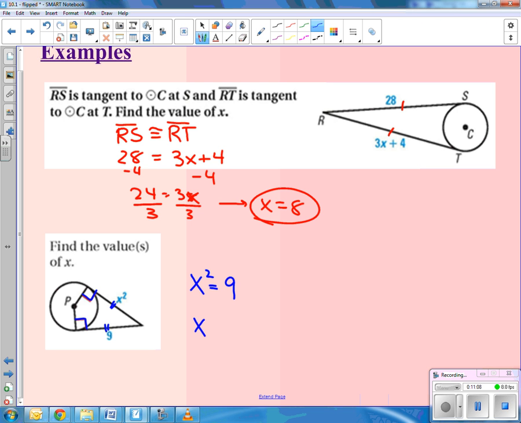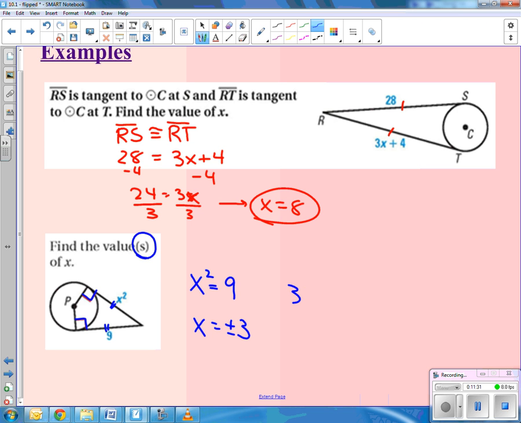So I'm going to get x equals, now how many of you answered 3? If you did, you've got half of this one right. But this one actually has 2 answers. See in the question it says, find the values. If I look at both the positive and negative 3 values, when I square those numbers, I get 9.